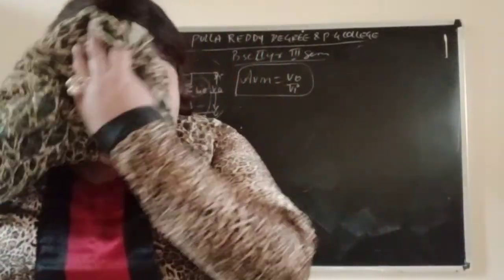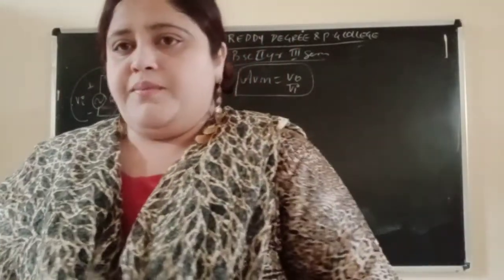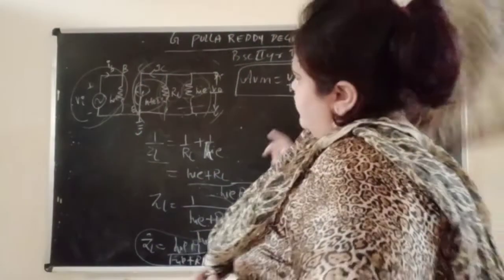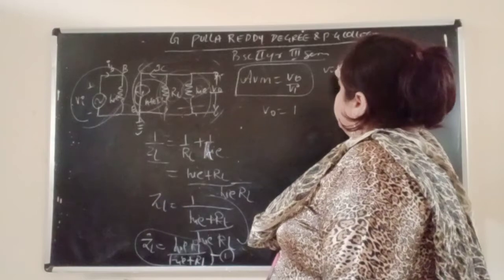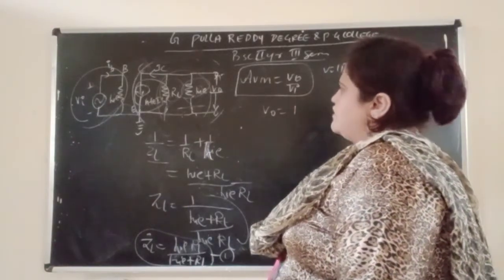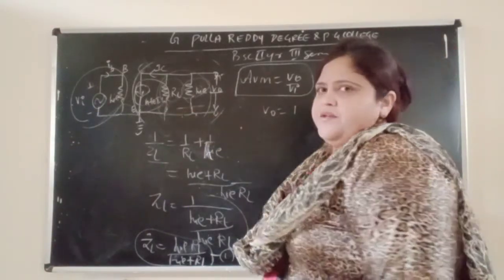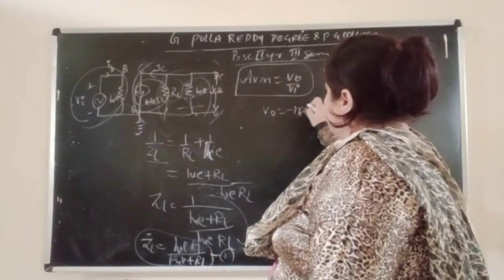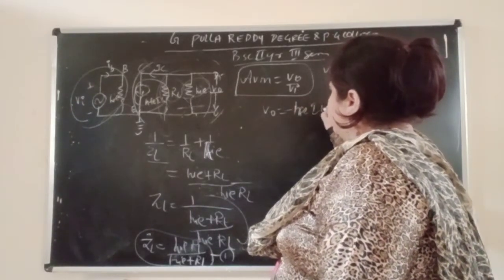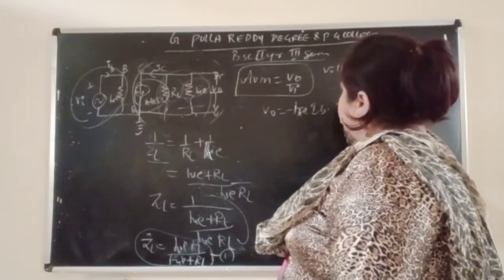We should calculate now the output and input. So we go for the output equation, V equal to IR formula. What is I here? Minus HFE IB, because of the current direction, into ZL.